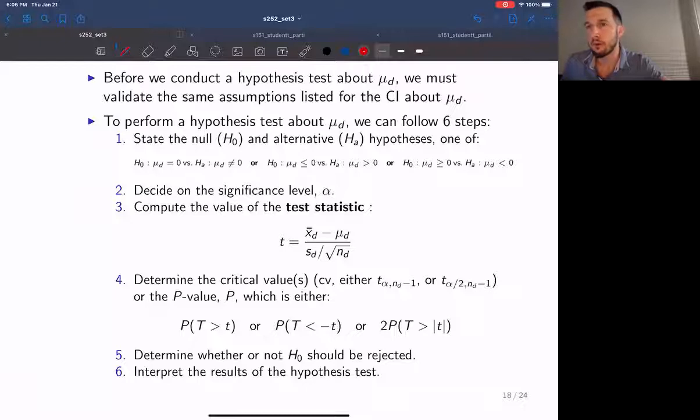So the trickiest part of conducting a paired t-test is actually establishing that you are working with dependent samples and then going through the process of computing the differences, recognizing that the direction of the difference does play a major role, as the direction of the difference will influence whether you are conducting an upper tail test or a lower tail test.